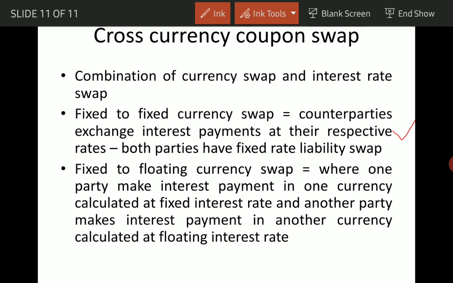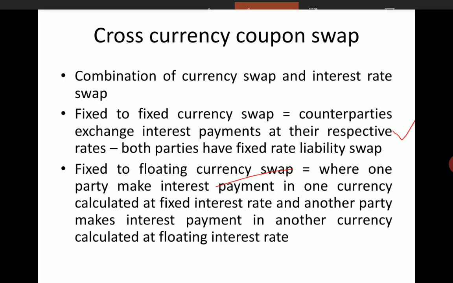So that is why I told you it's a combination of currency swap and interest rate swap. So in this way we have come to the end of the types of swaps.